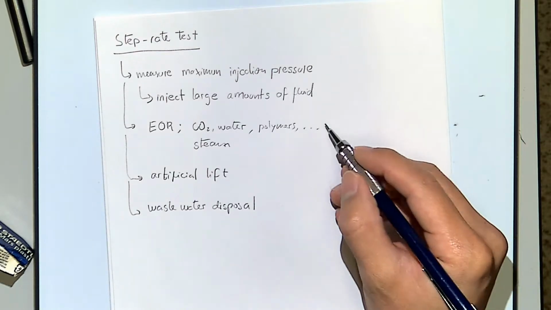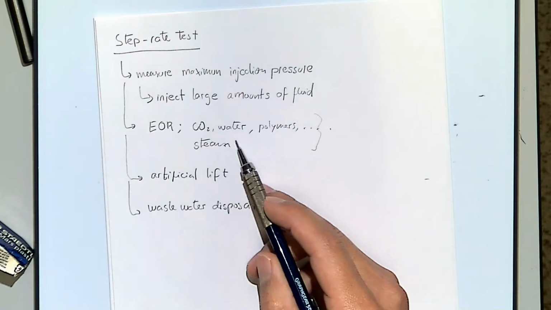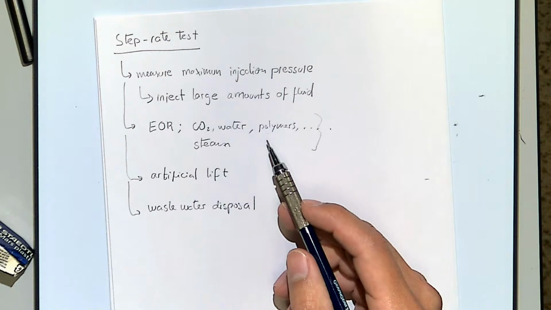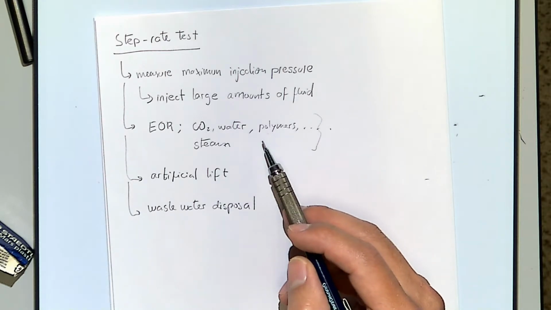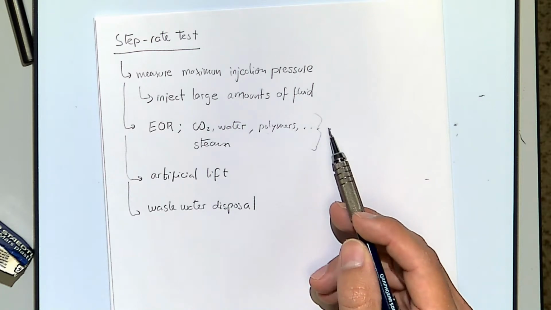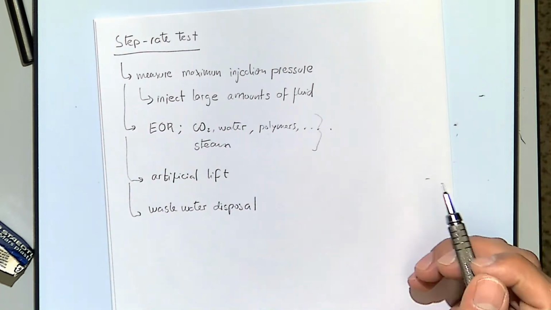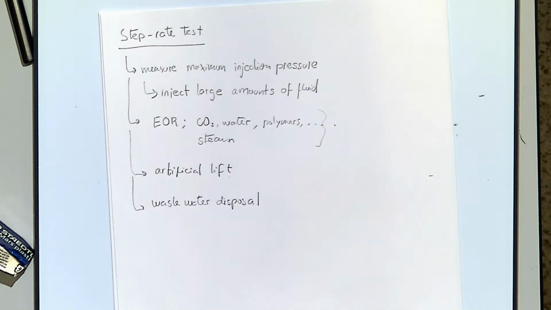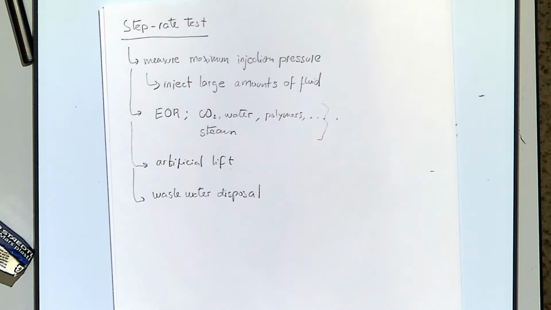In some of these cases, CO2, polymers, even water, that costs money. So you don't want to inject a lot. You just want to inject the minimum amount so that you achieve what you want. And the same for artificial lift. You don't want to inject lots of methane because that also may cost money.